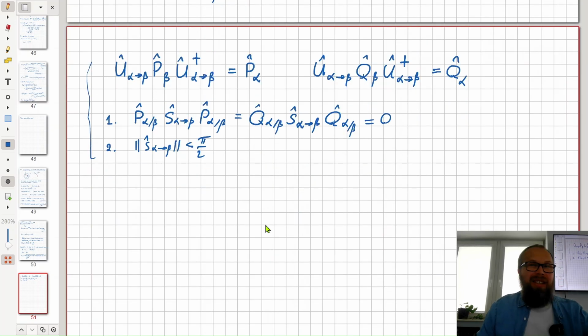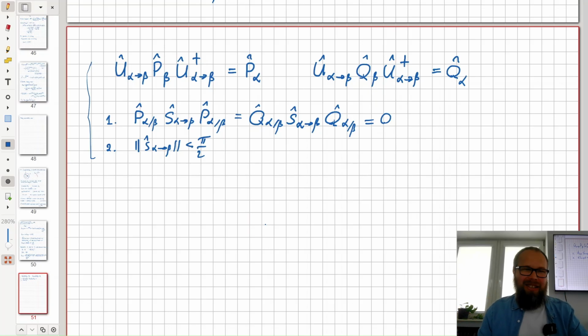All this will work under the condition that the alpha and beta subspaces are not orthogonal to each other. How do you even quantify the non-orthogonalness of subspaces? How do you measure it?